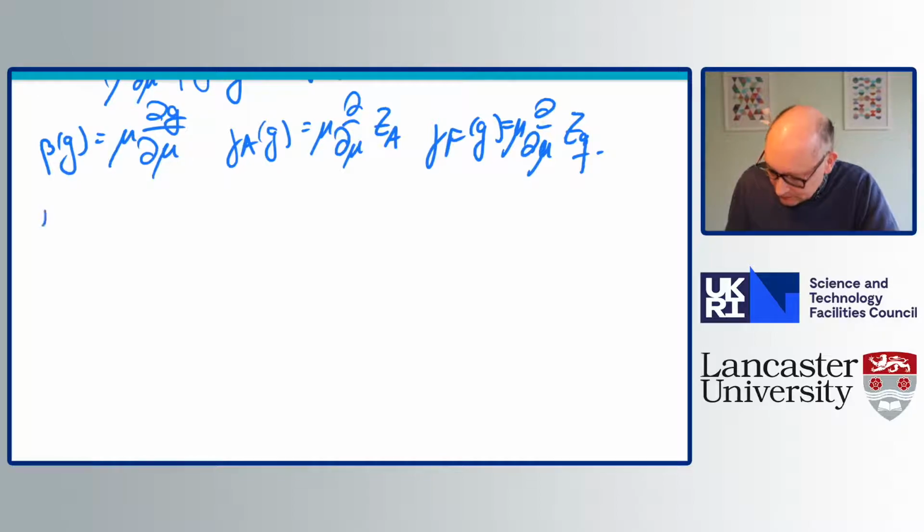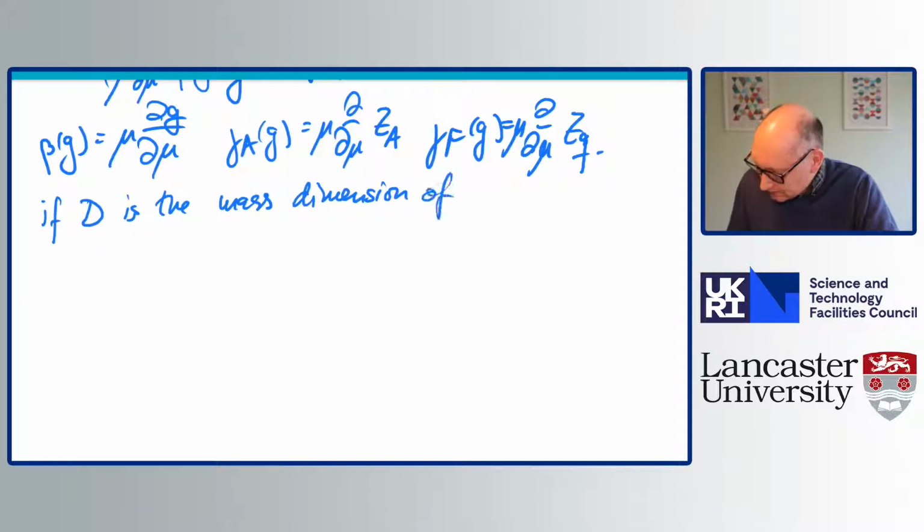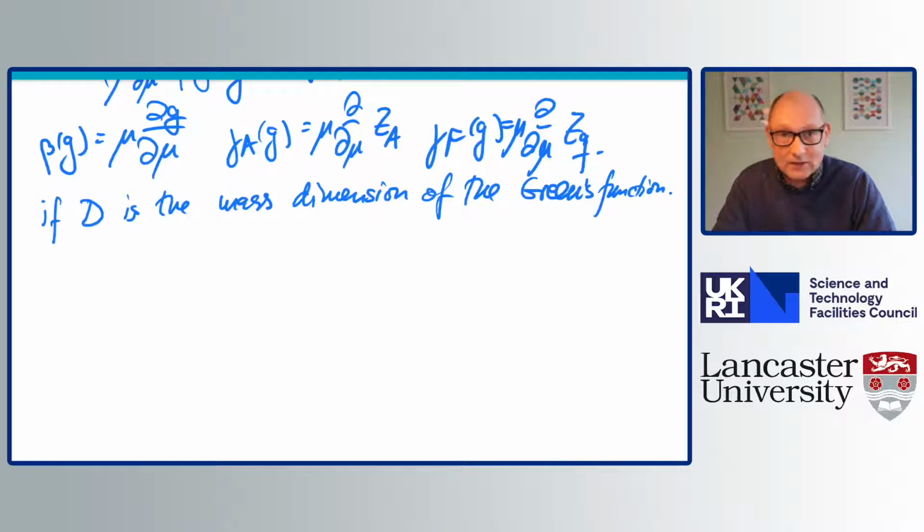If d is the mass dimension of the Green's function, so the mass dimension is the dimension in terms of masses of the Green's function, of the scattering amplitude.